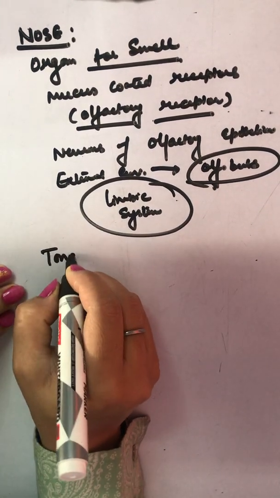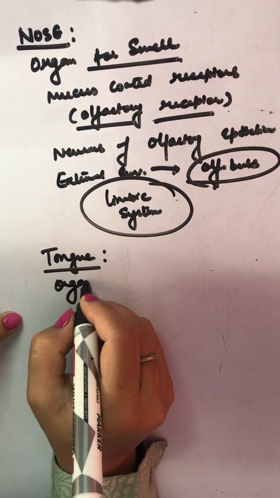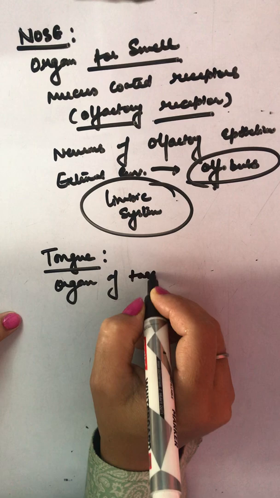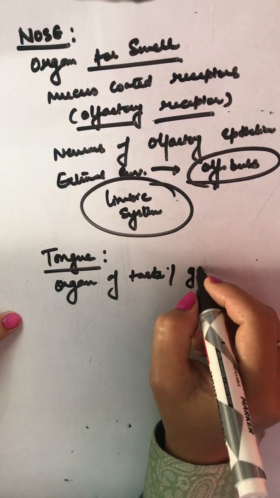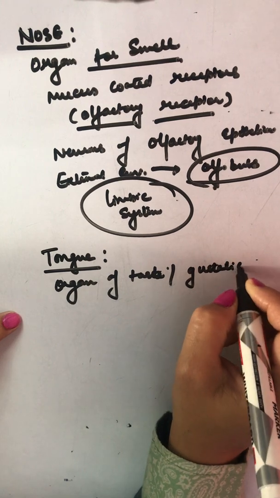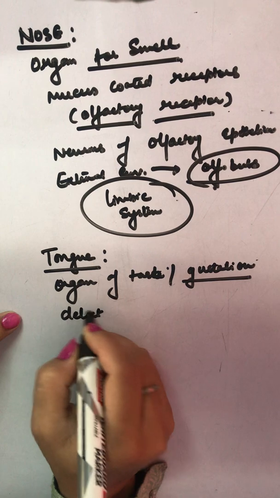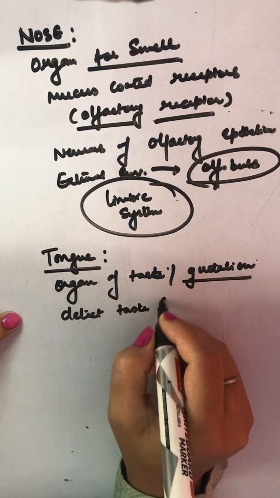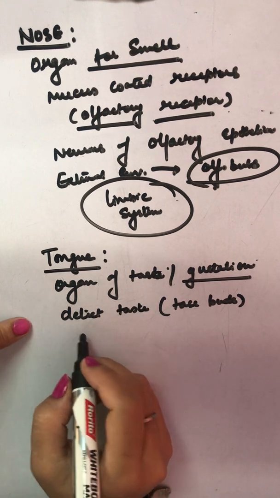Then is the tongue, the organ of taste or gustation. That's why we say gustatory receptors detect taste through taste buds. What do the taste buds contain?